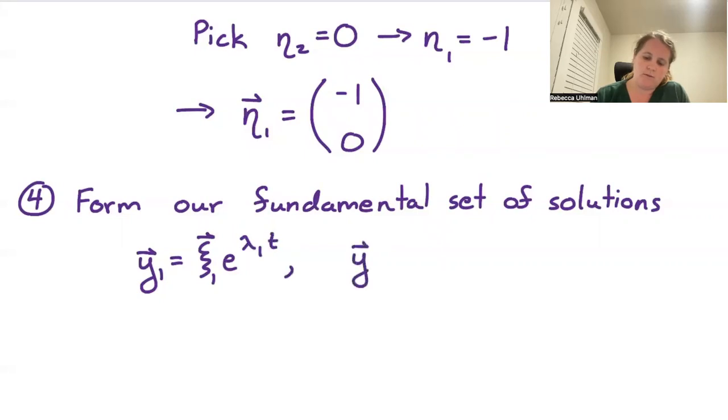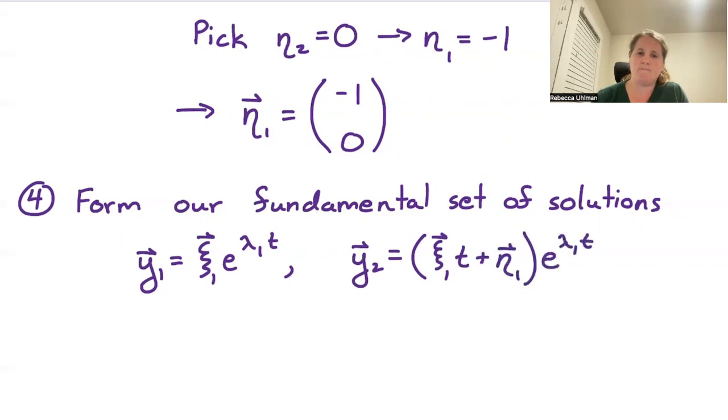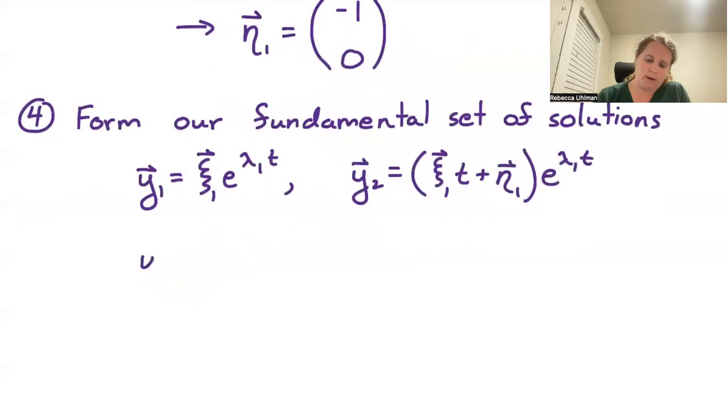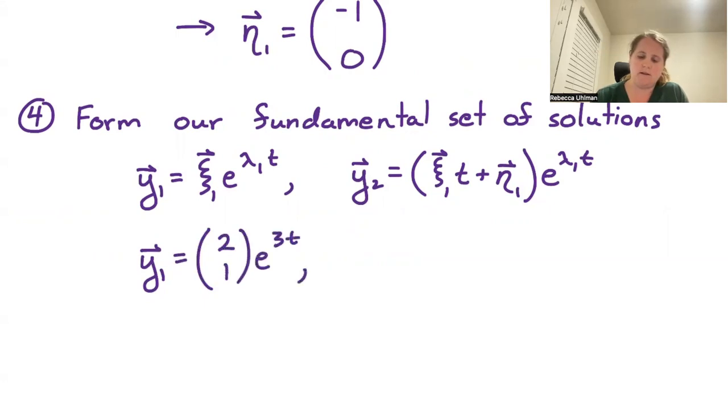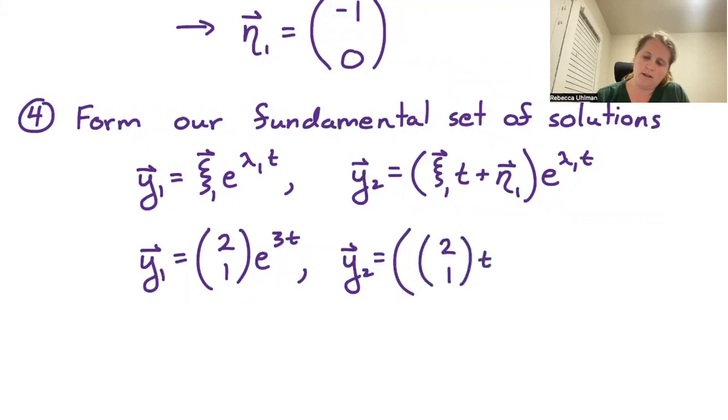We have y2 is psi1 times t plus eta 1 all times e to the lambda 1t. So plugging in what we had, our psi1 was the vector 2, 1. That's multiplying e to the 3t. For y2, we have the vector 2, 1 multiplying t plus the vector -1, 0. And then that whole thing is multiplying e to the 3t.